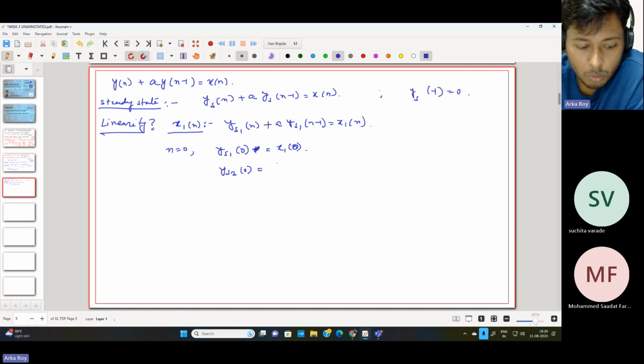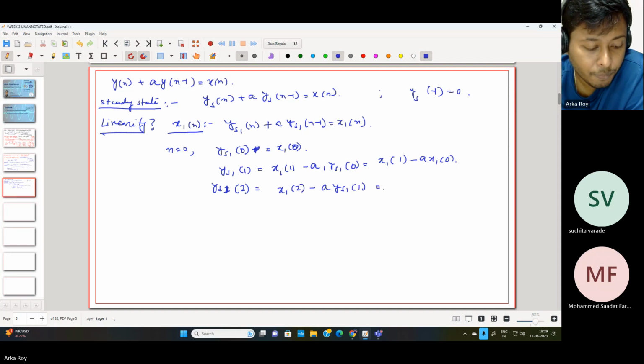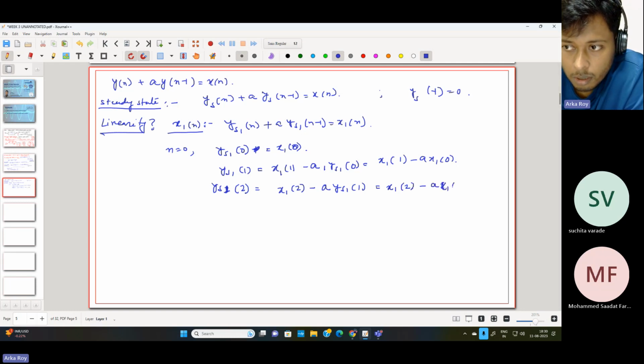Similarly, for n equals 1, ys1[1] plus a ys1[0] equals x1[1], so it will be written as x1[1] minus a x1[0]. Similarly, for index 2, it will be x1[2] minus a ys1[1], which can be further expanded as x1[2] minus a x1[1] plus a square x1[0].